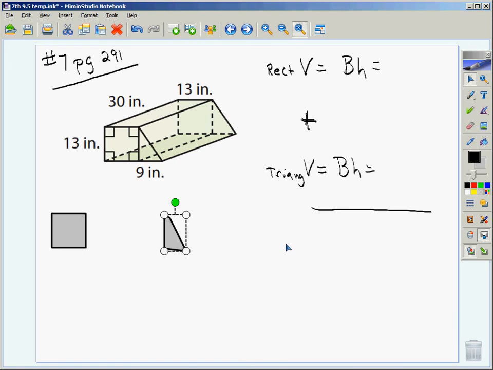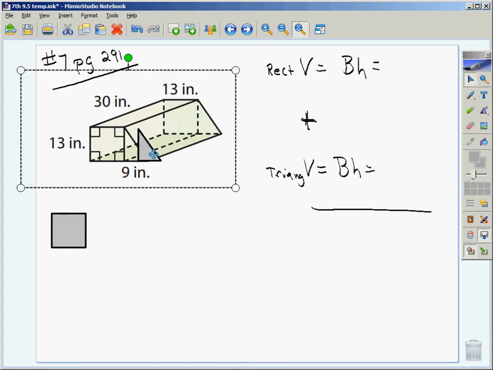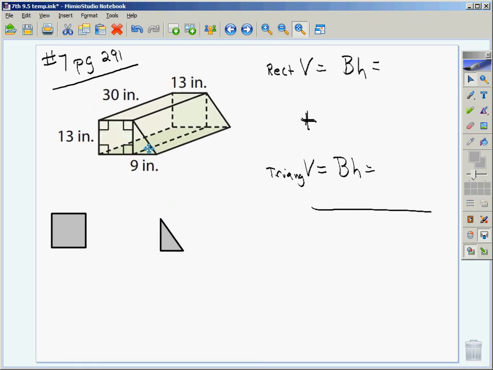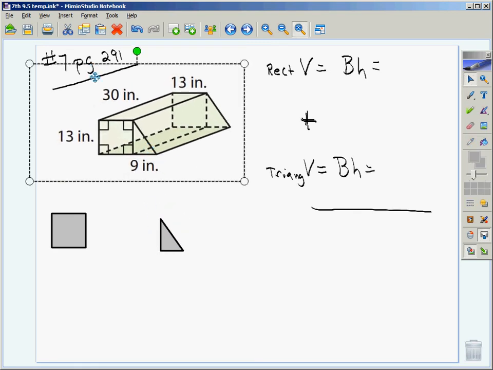Do you understand what I did? You don't have to draw the 3D shape, but you need to draw at least the individual pieces, so that you can see I separated this out of this picture that was in your book.